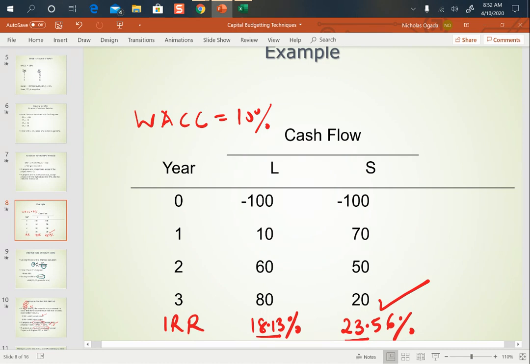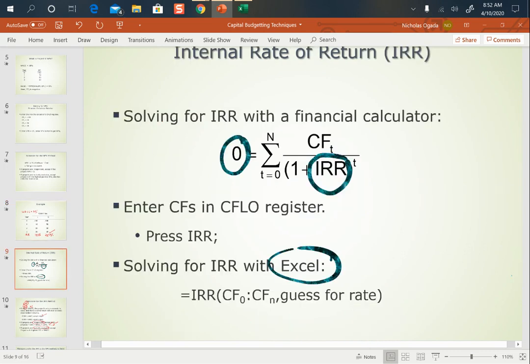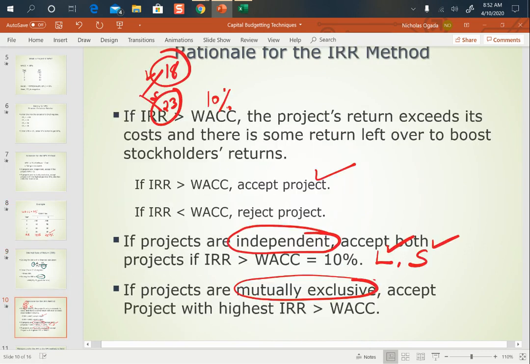I'm guessing you're going to say it's not possible. And because of that, that becomes a limitation of this method, because it's not possible to reinvest the cash flows at a higher rate than the cost of capital. So because of that reasoning, this method has its own limitations.